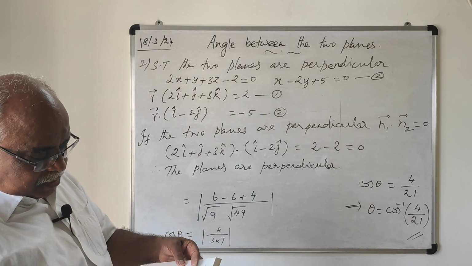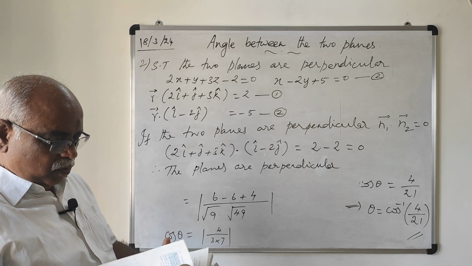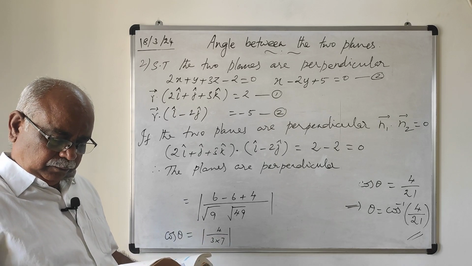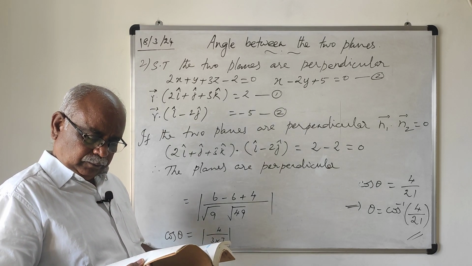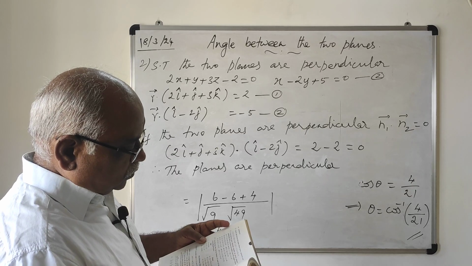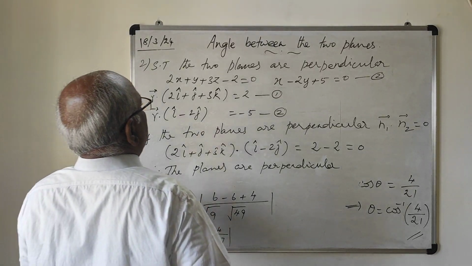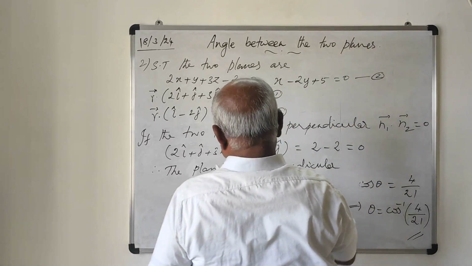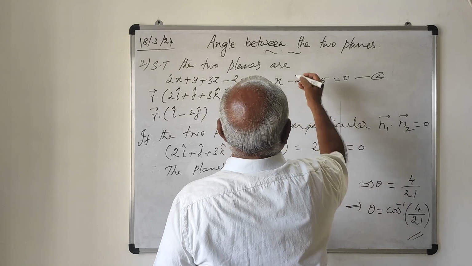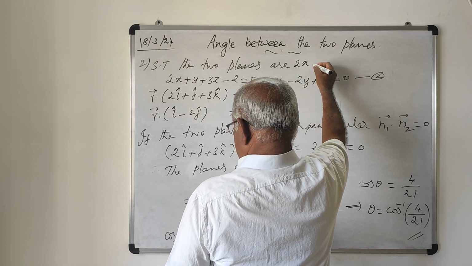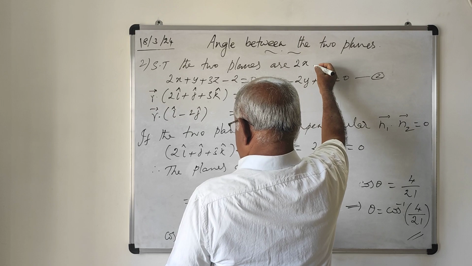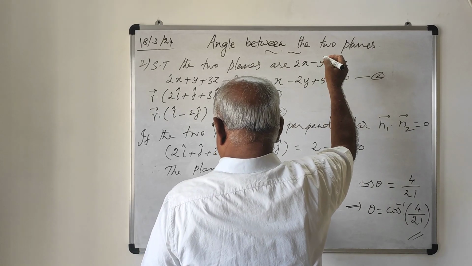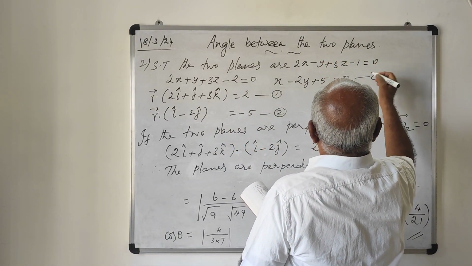Next, similarly, we have to show that the given two planes are parallel. The first plane is 2x minus y plus 3z minus 1 equal to 0.